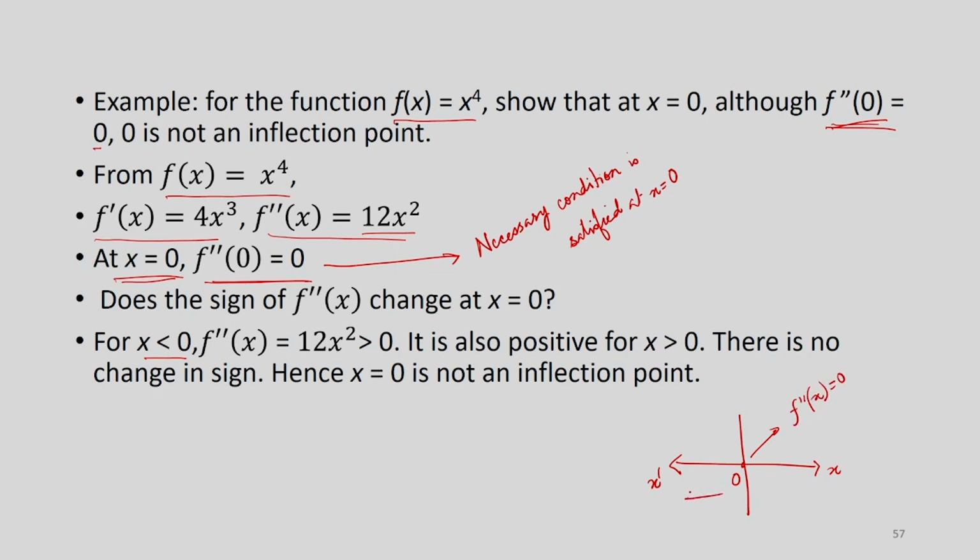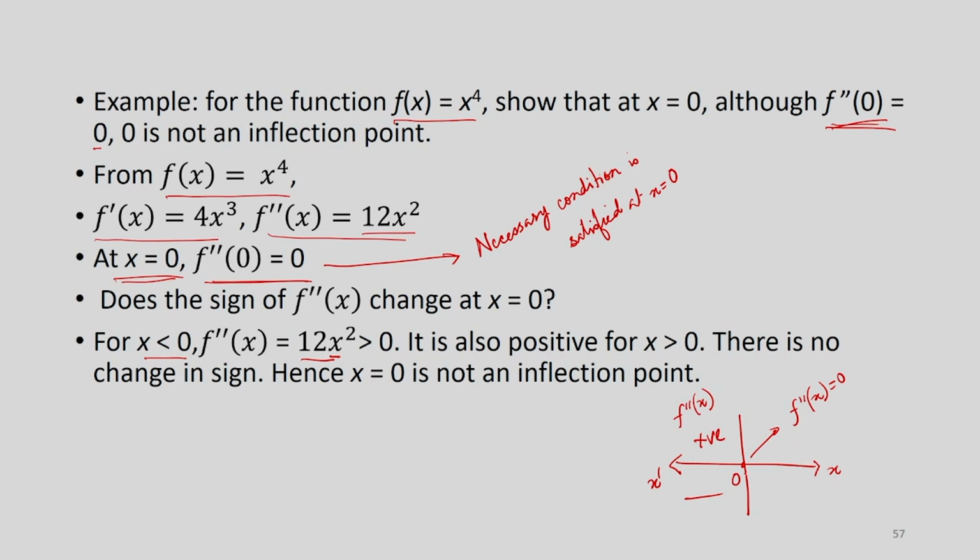But what happens to the left? It is 12x square, but x is negative, that means this becomes a minus term, but the square of a minus term is positive. So, it is positive, right. Second derivative is positive.